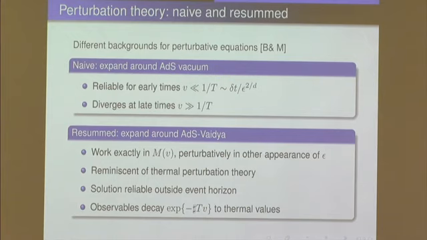But they work perturbatively in other appearances of the small expansion parameter. In this way, they obtain a solution that's reliable outside the event horizon. And then they find that at late times, indeed, observables decay exponentially to thermal values.